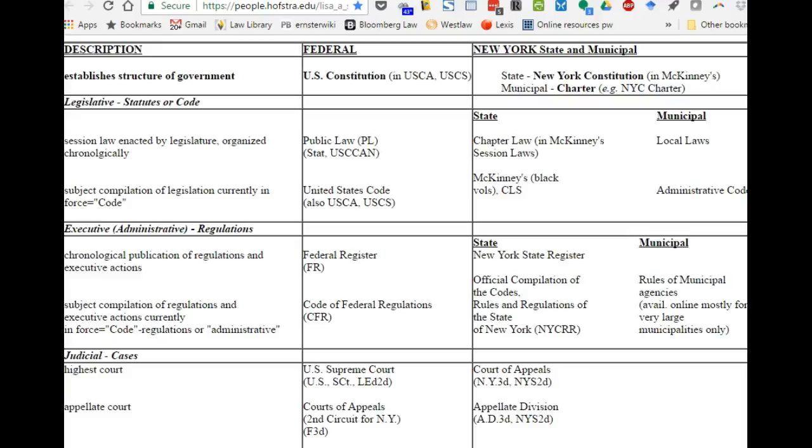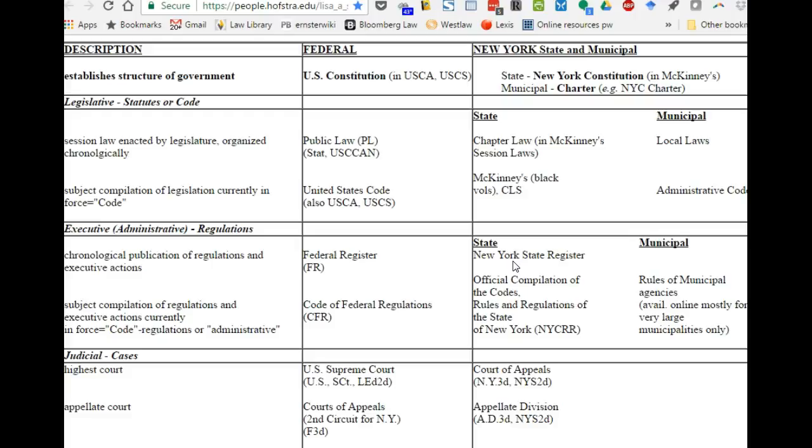And the reason I think it should be our favorite handout is it pretty much lets us know, once we understand what's going on in the federal realm, that we really actually understand what's going on in the state jurisdiction. And at least with regard to administrative regulatory materials, some of the names are even the same, not all.